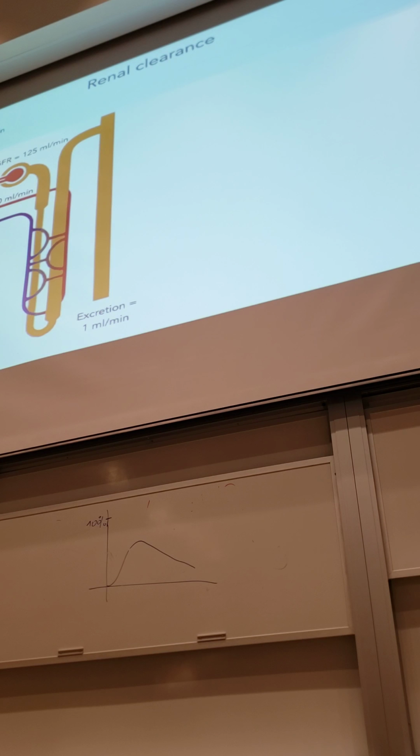So what goes in is 625. What comes out is almost 625. So the most that we could filter, the most that we could clear, most of that plasma that we could completely clear of a substance would be the amount that enters the tubule, right? And how much enters the tubule?